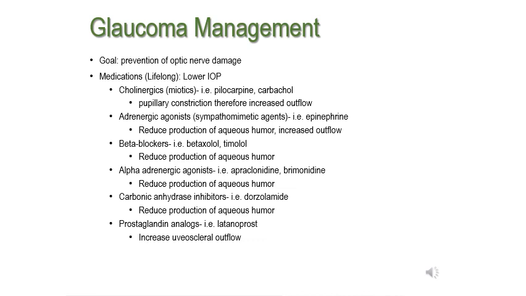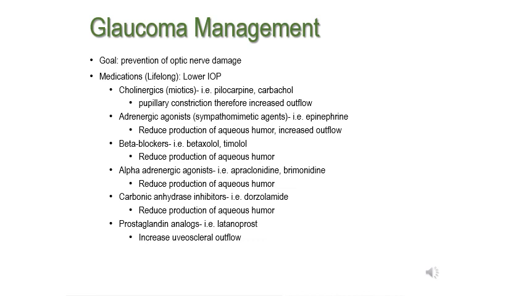So cholinergics or miotics, you'll have to know the classifications, but more importantly, which medications or which generic names would be examples of a miotic. So you've probably seen pilocarpine for sure. That is a pupillary constrictor and basically increases the outflow of the aqueous humor via opening the trabecular meshwork or network.